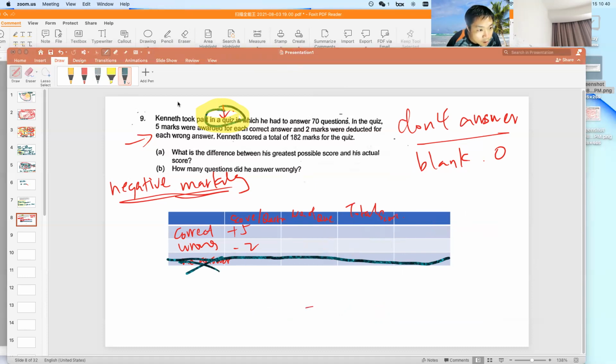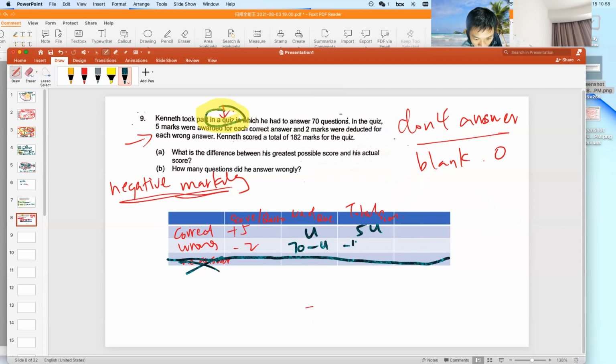Okay, good. Then it says total you have 70 questions. So let's say if you answer U questions correct, then 70 minus U wrong. The total score is 5U here, and the total score for this is minus 140. Minus 2 times -2 is plus 2U.